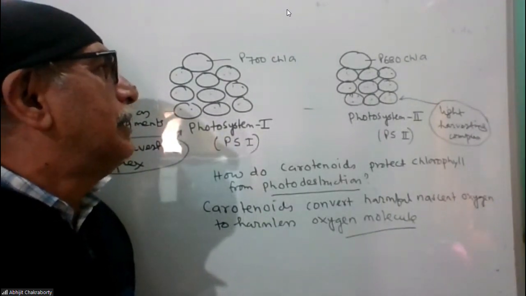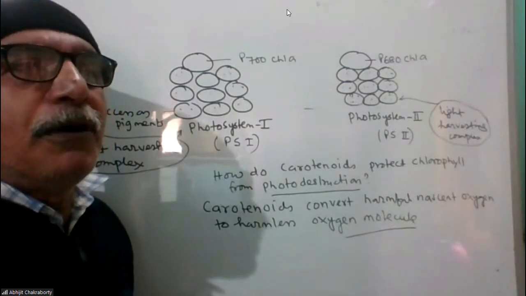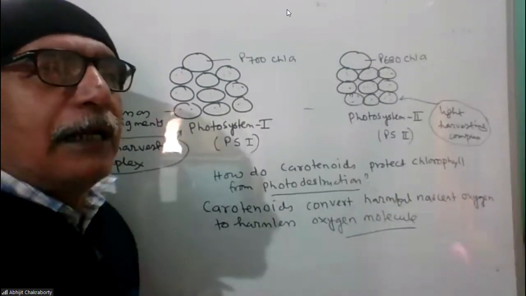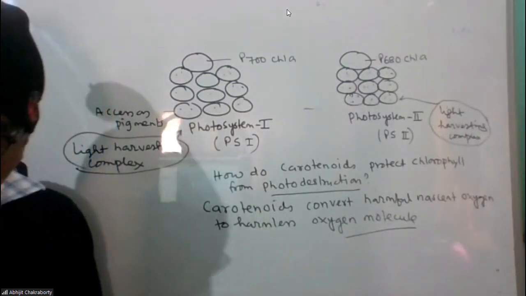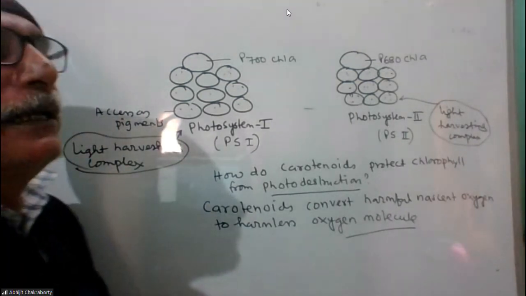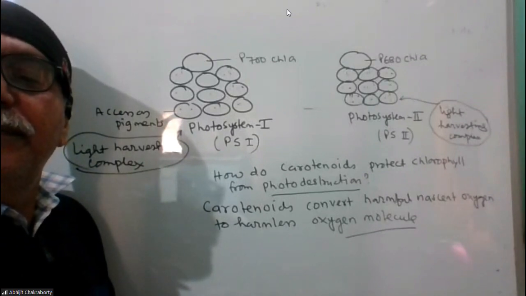Light harvesting PS1 includes P700 also. But except P700, all are called antenna chlorophyll. Actually, in the light harvesting complex, there are two parts. One part is called the core, the other is called the antenna part. Core part contains P700 chlorophyll a, antenna part contains others. Are you getting me now? Yes, sir.